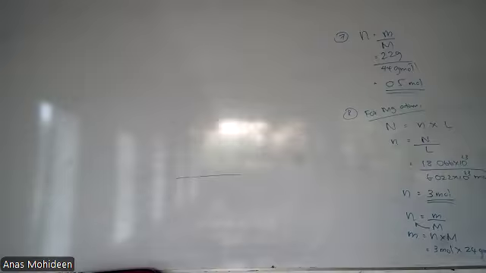N_A is equal to 6.02 into 10^23. These are constant values. So multiply 2 by 6.02 into 10^23. Now you see, we apply this formula for everything. Scientific notation.